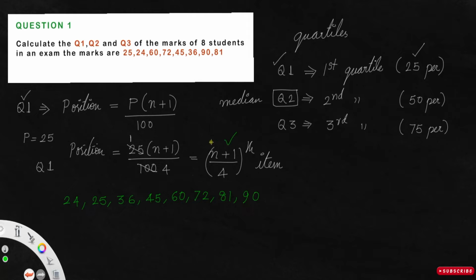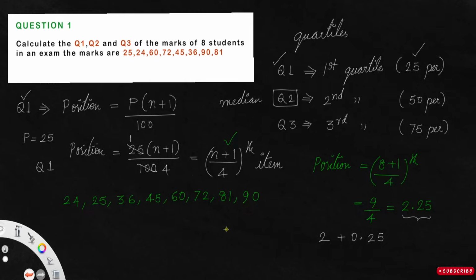So first I have to find the position. See how many data points are here? 8. So I can plug in 8 for n. So 8 plus 1 by 4, which is equal to 9 by 4. 9 by 4 is actually 2.25. Okay, so I can write this 2.25 as 2 plus 0.25.